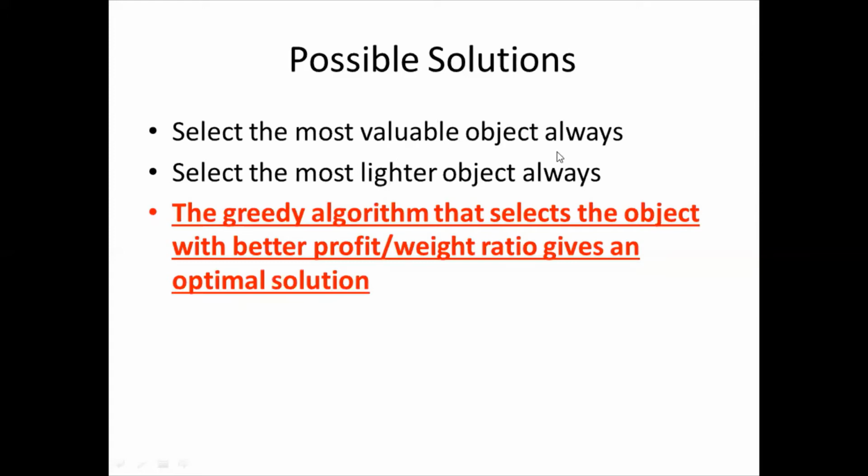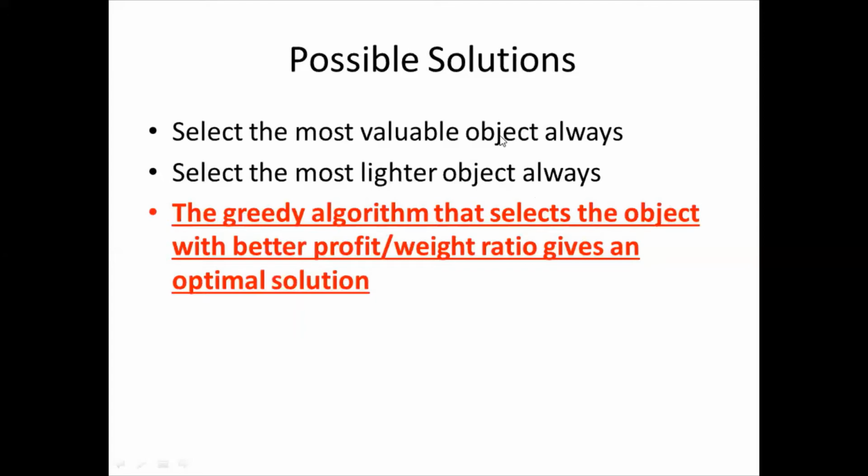Since I'm following a greedy design, I choose to select the most valuable object at every stage. The second method would be to select the lightest object always. So when I select the lightest object in every step, I would end up adding more objects, and hence the aim would be to maximize the profit.